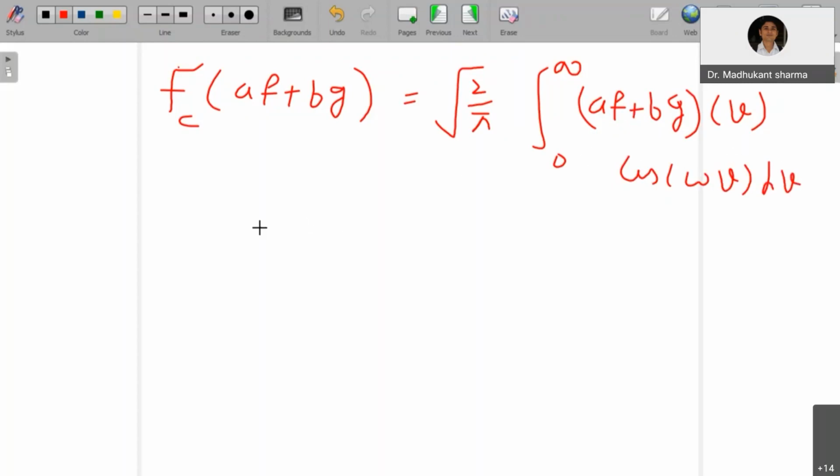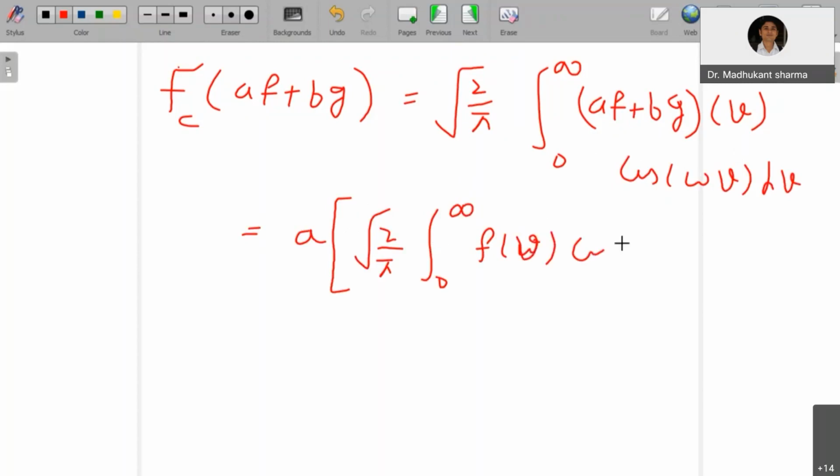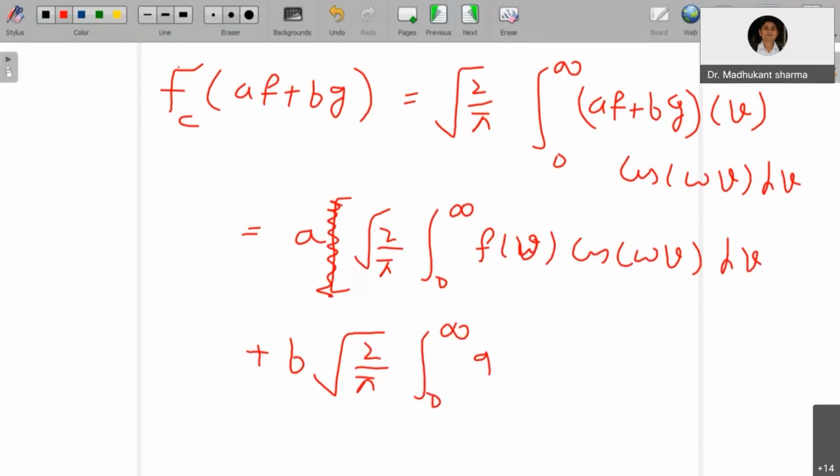Now following the definition, you get square root of 2 by pi integration 0 to infinity f of v cos of wv dv, plus b times square root of 2 by pi integration 0 to infinity g of v cos of wv dv.